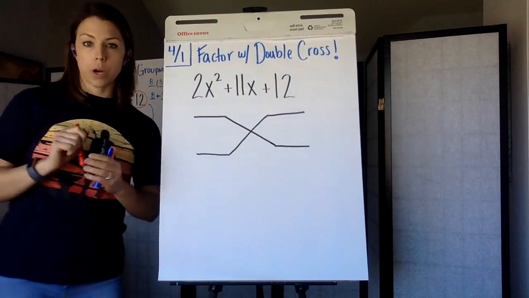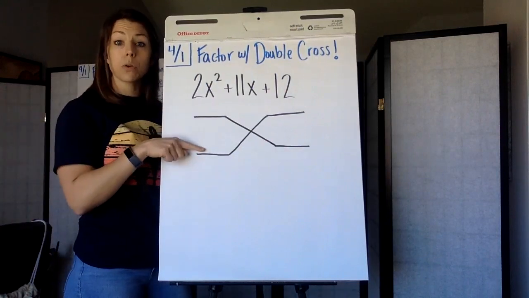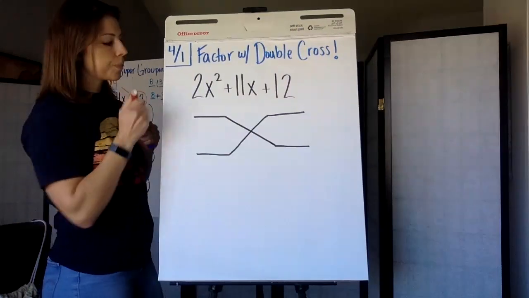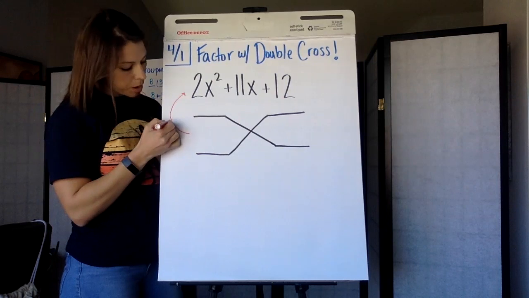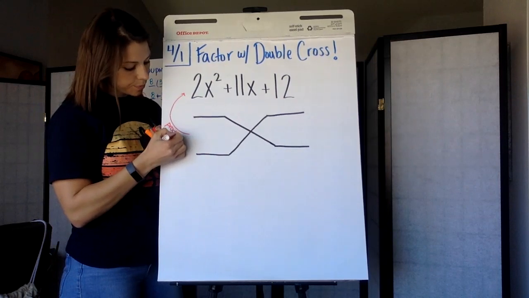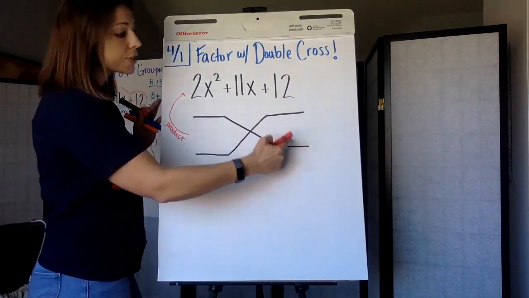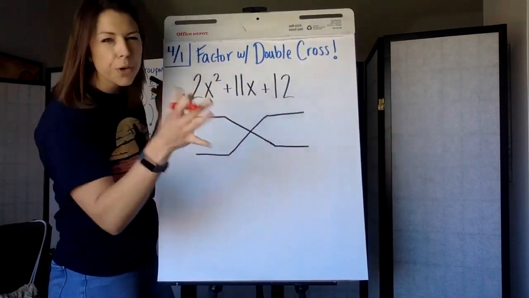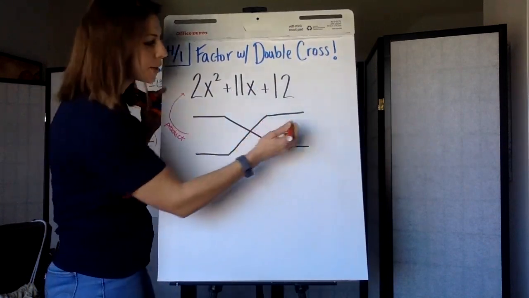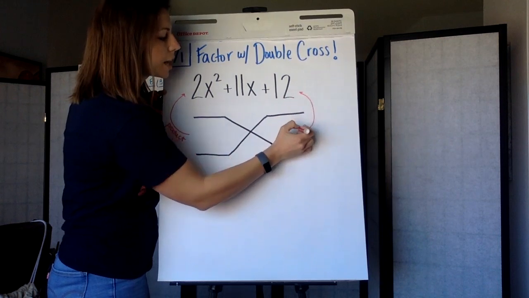Now here's how this works. These 2 terms have to multiply to get the first term. So in other words, these 2 terms have a product of 2x squared. These 2 terms have a product of 12. So in a weird way, it's also kind of like P's and Q's.